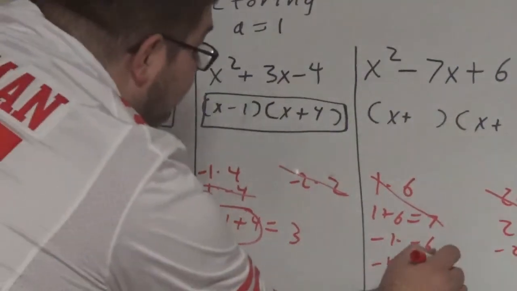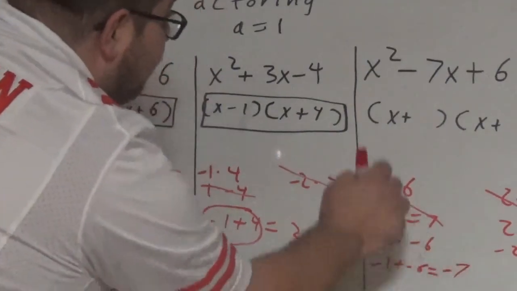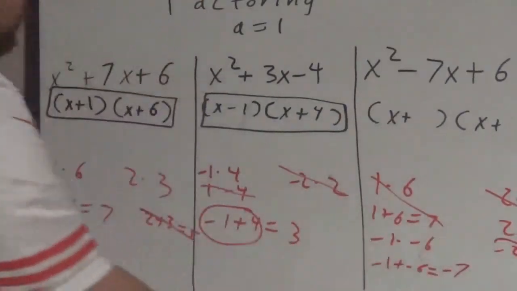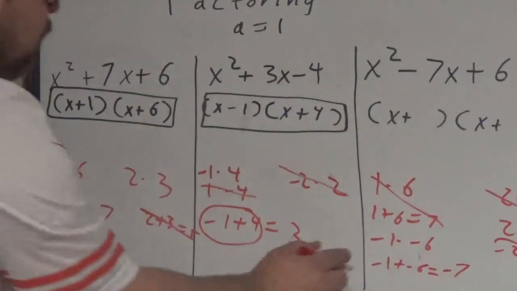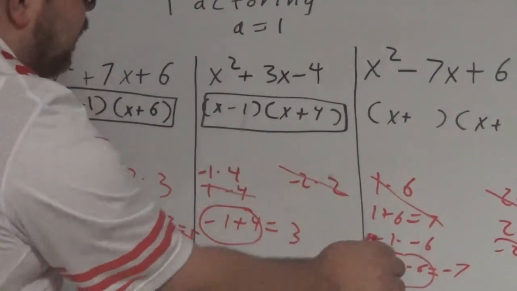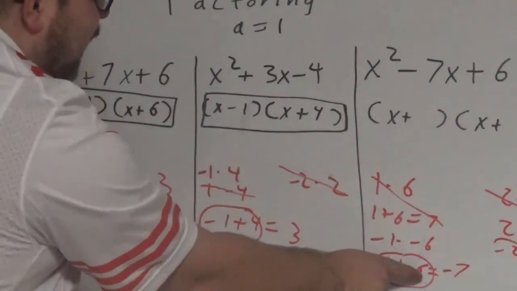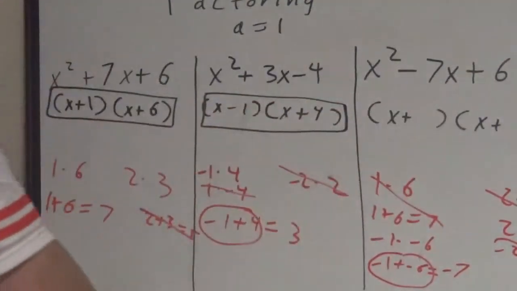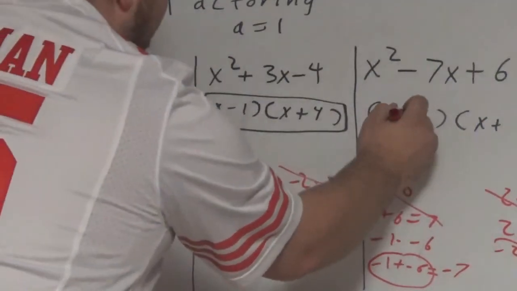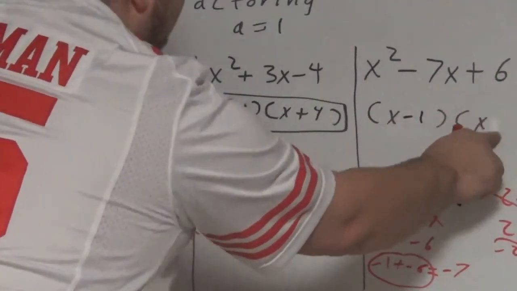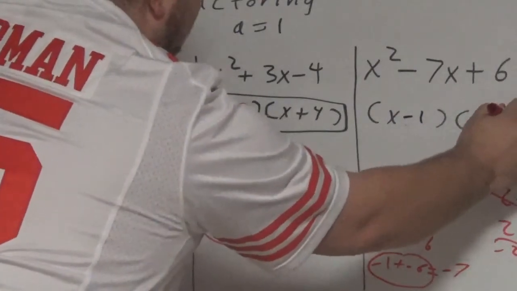It is -7. So -1 plus -6 is -7, and -1 times -6 is +6. So I can write that in. I'm going to erase the plus sign again. We'll have x minus 1 and x minus 6.